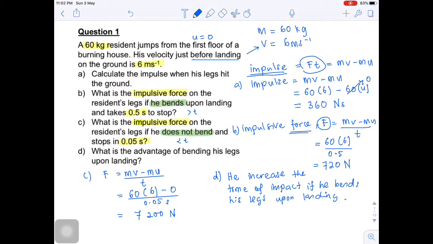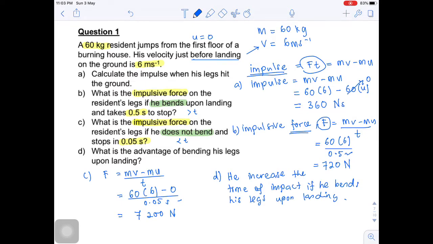Okay, if he takes 0.5 seconds, the impulsive force produced is only 720 Newton. Compared to C, when he does not bend his legs, the time taken is only 0.05 seconds to stop, and the impulsive force produced is 7,200. 7,200 is much greater than 720.